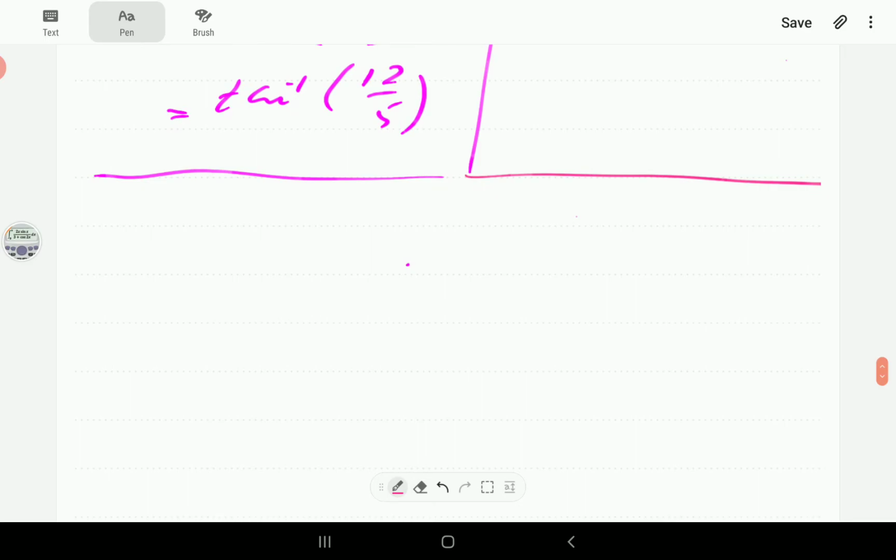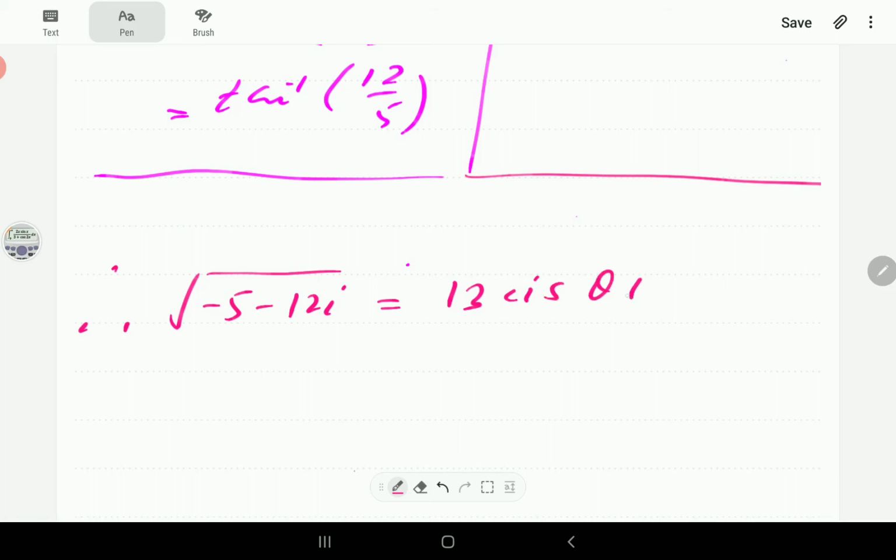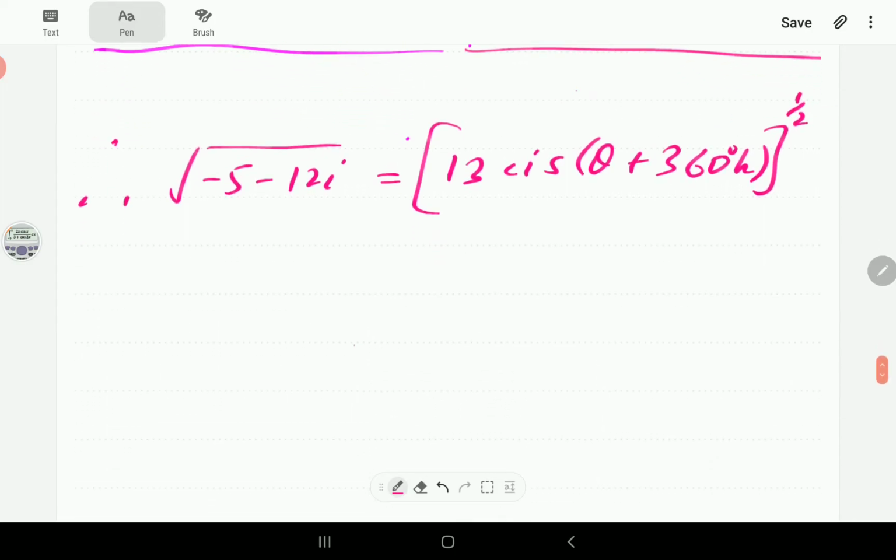So what's going to happen, therefore, is negative 5 minus 12i we can write as 13 cis theta plus 360k, raise this to the power 1/2.